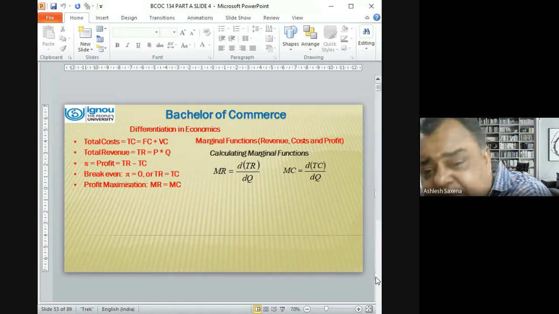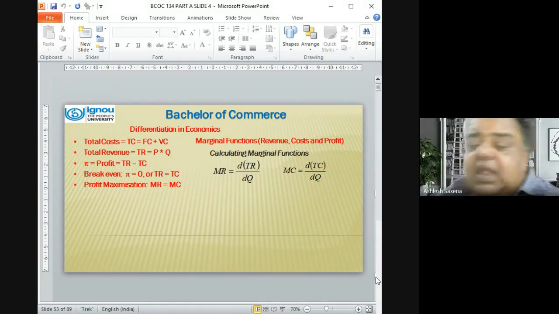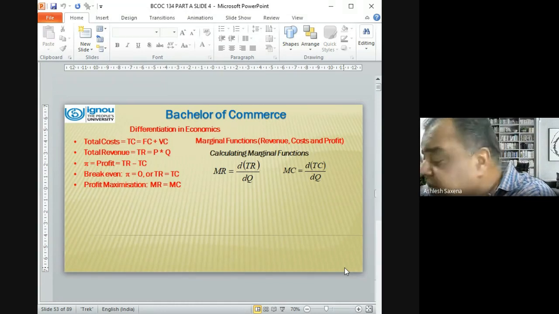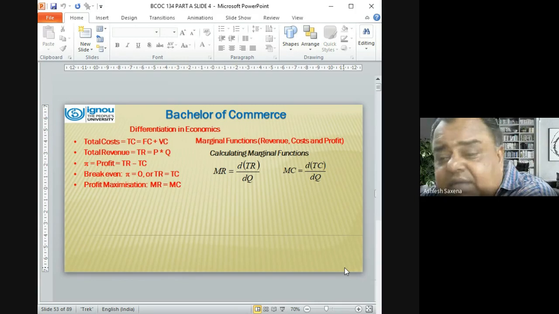And profit maximization is when MR is equal to MC. Now the question is, what is MR? MR is differentiating total revenue with respect to quantity. And your marginal cost is the derivative of total cost.